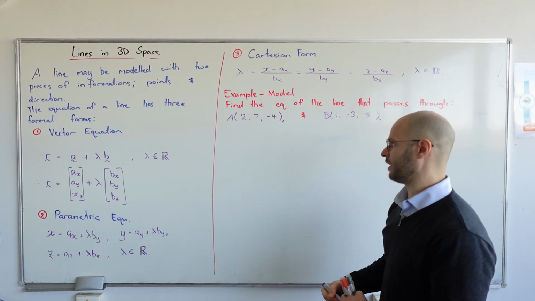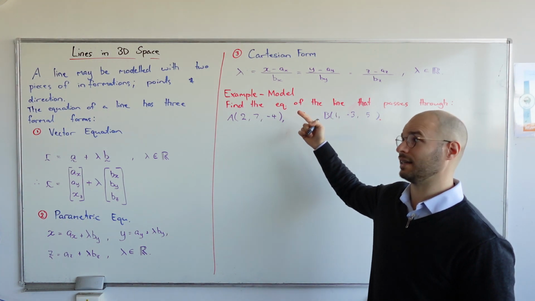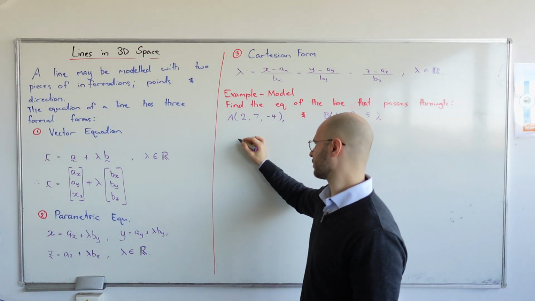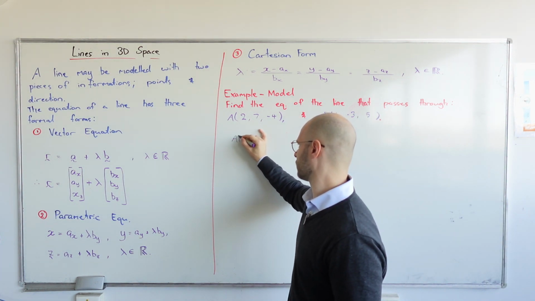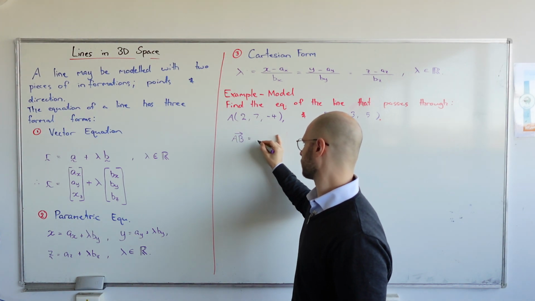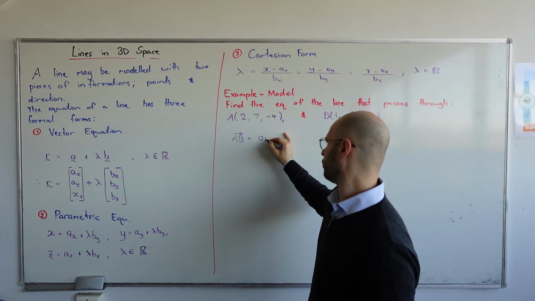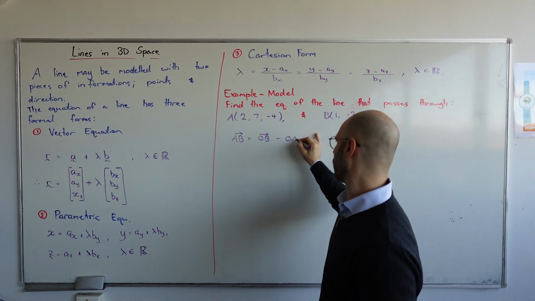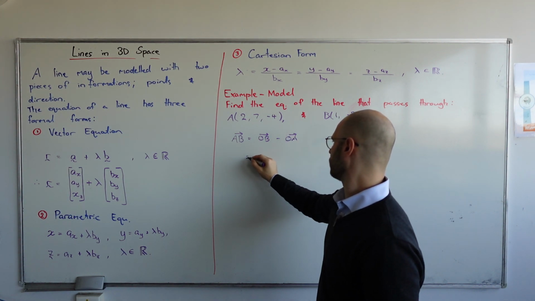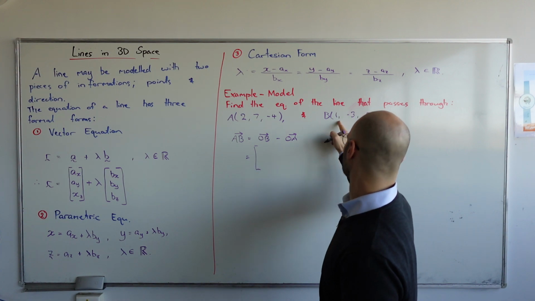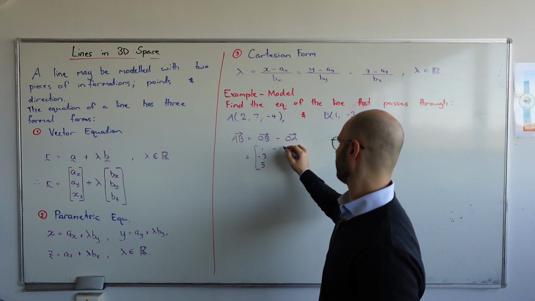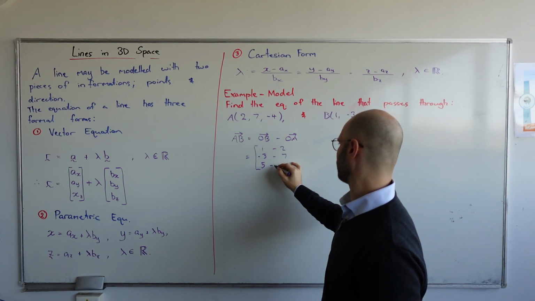Alright, first part. We need to know a point and we need to know a direction. How do we find the direction between A and B? Just the direction vector. So it's going to be OB take OA. That's going to be 1, -3, 5 take 2, 7, -4.